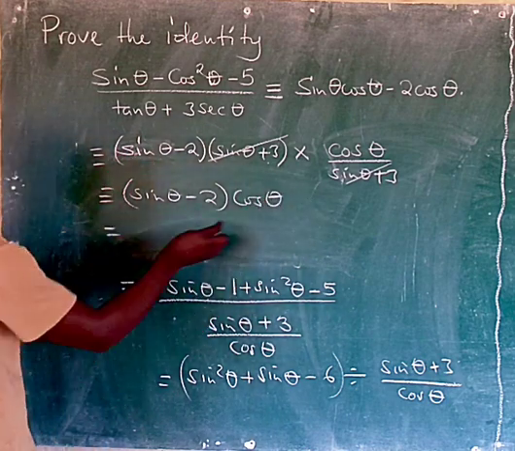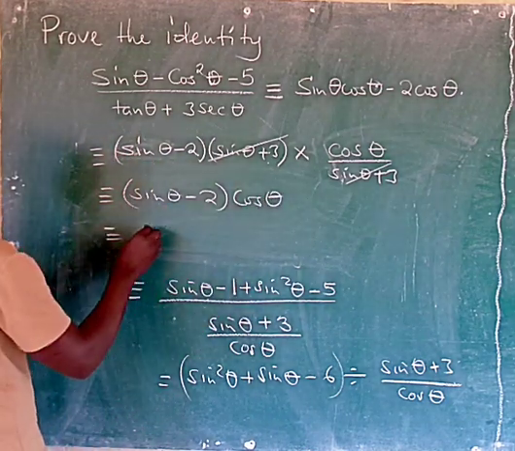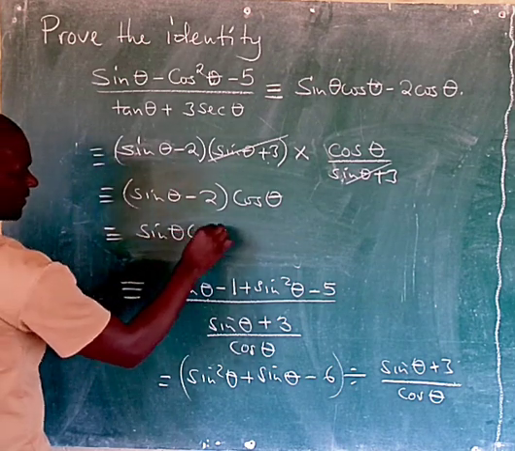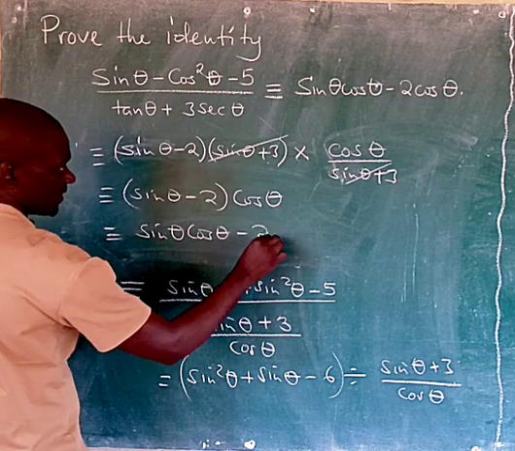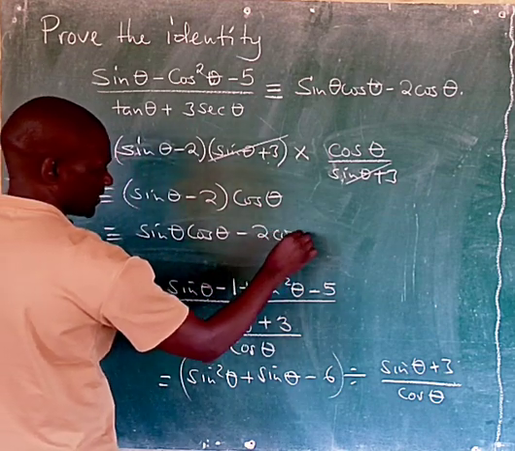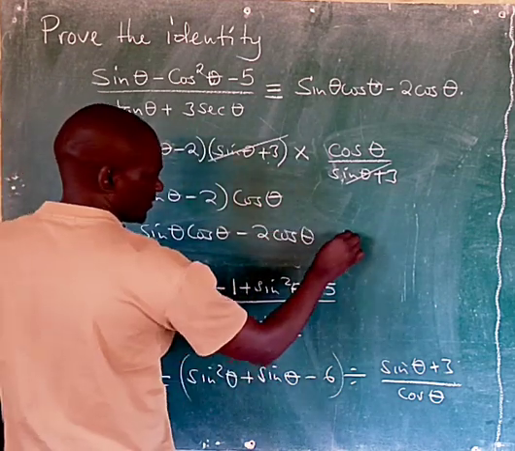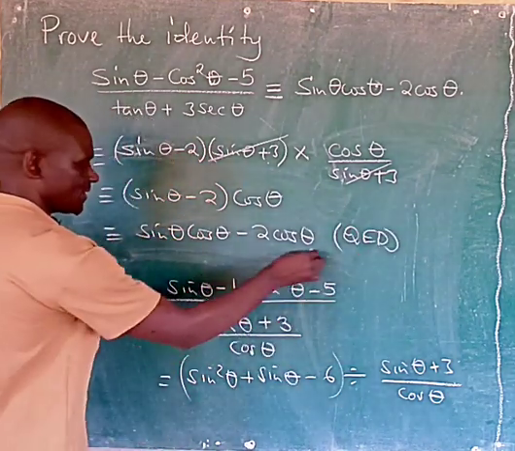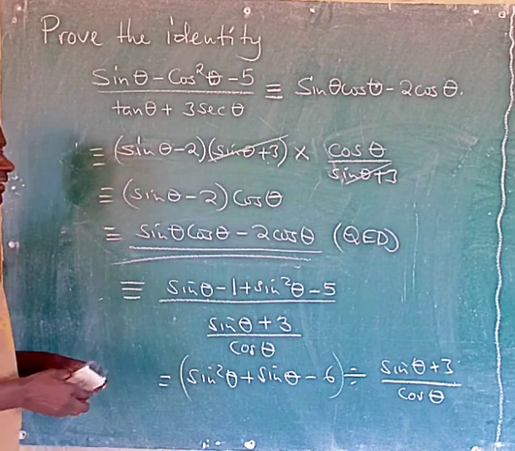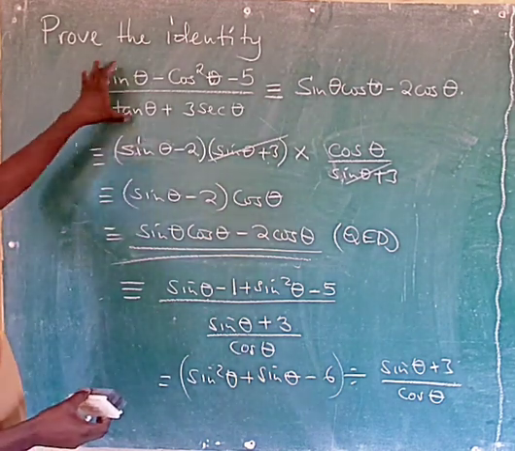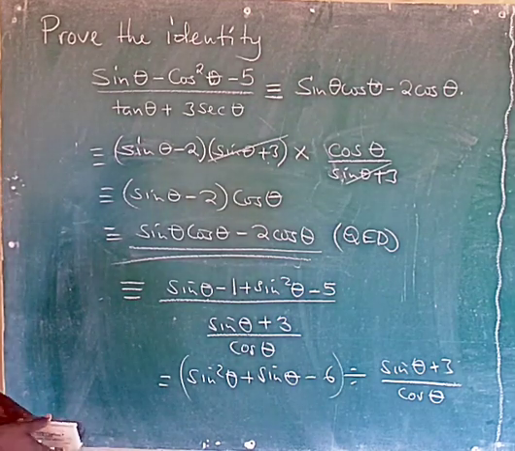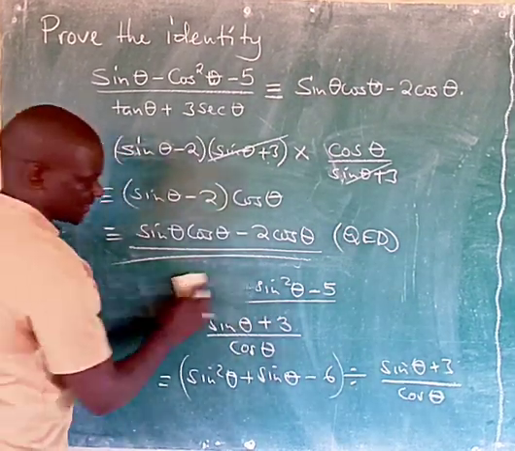If we multiply again, we have sine theta cos theta minus 2 cos theta. So quite easily done. This is our answer. We have shown that what is here is identical to what is there. This is how we can show it.